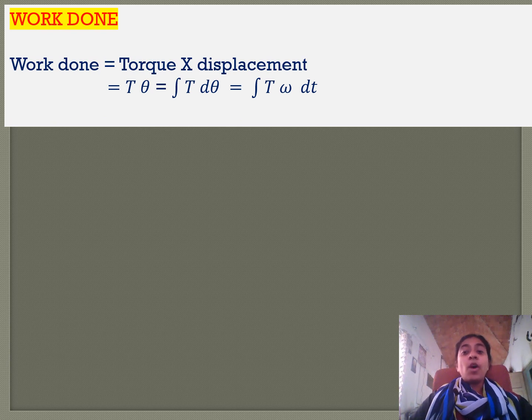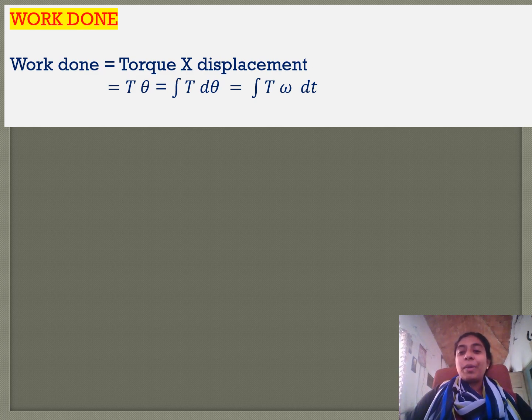Okay, now we know work done is equal to force into displacement. For rotational motion, work done is equal to torque into displacement, or moment into displacement. So T into angular displacement, which we take as theta. When integrating, we integrate T into d theta, every torque multiplied by the smaller angular displacement.